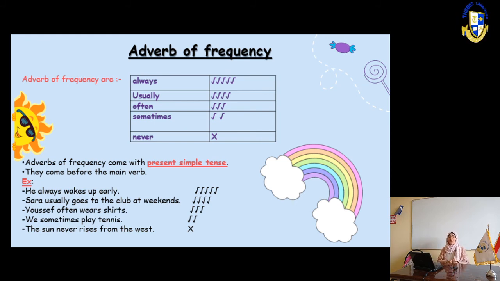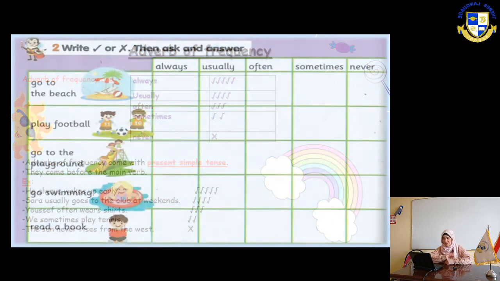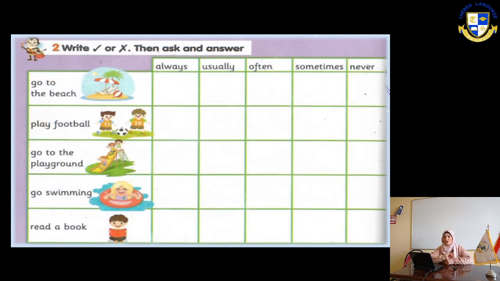Exercise number 2, write right or wrong, then ask and answer. Go to the beach. Choose if you are doing this action usually or always or often or sometimes or never. Play football. Are you doing it all the time or usually or often or sometimes or never?